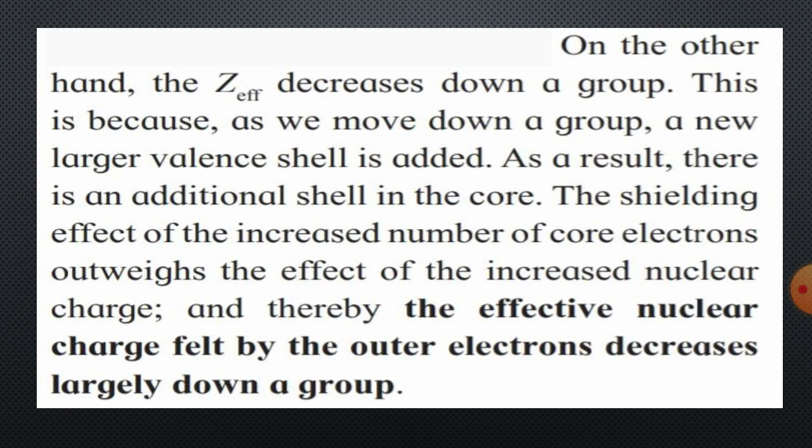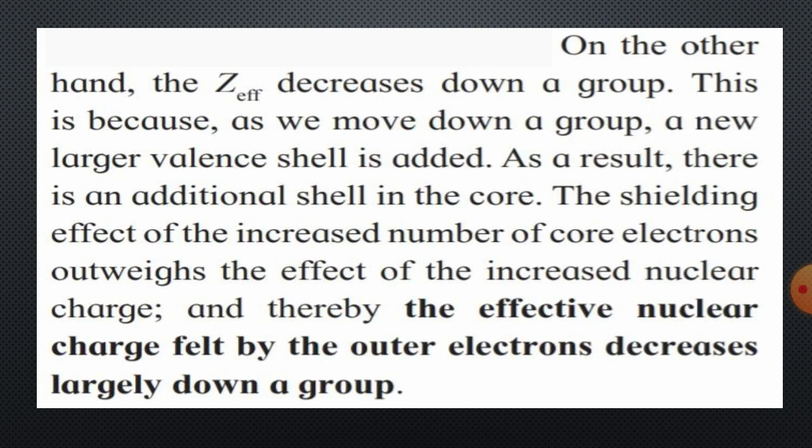So as we move down a group, a new larger valence shell is added. So in the first group, the first period element contains one valence shell, the second period element will contain two valence shells, and so on. As a result, there is an additional shell in the core. New and new shells keep being added.